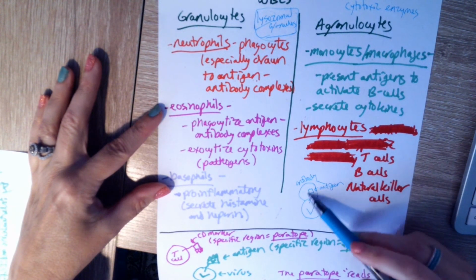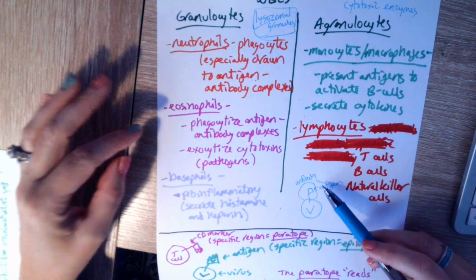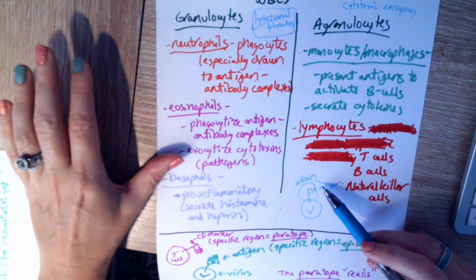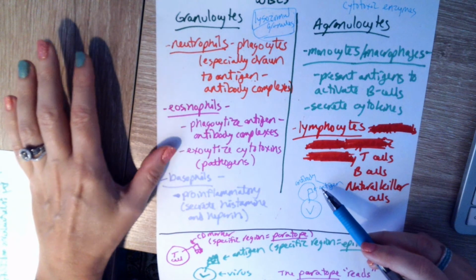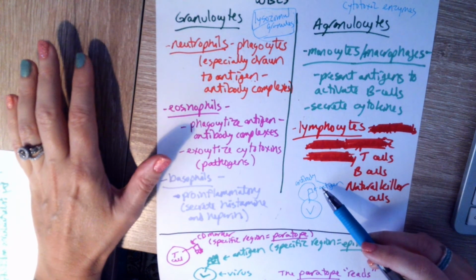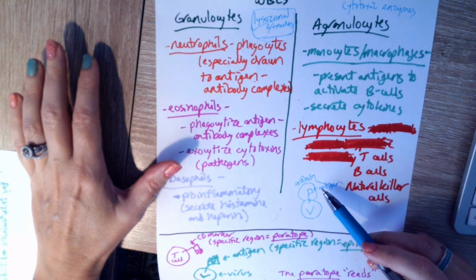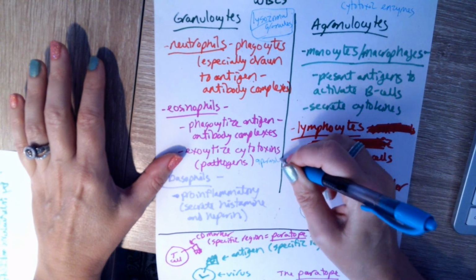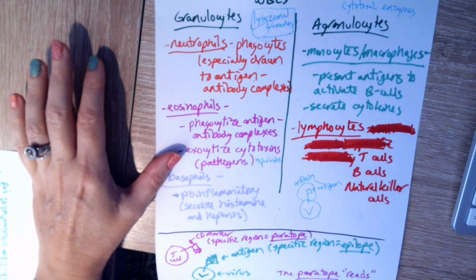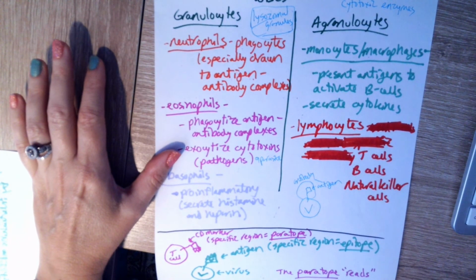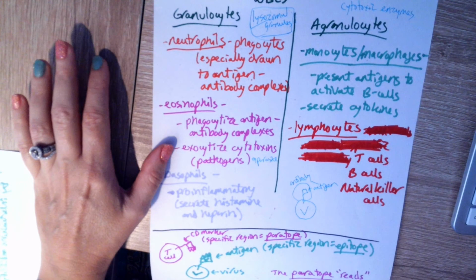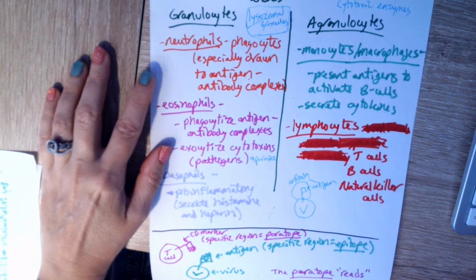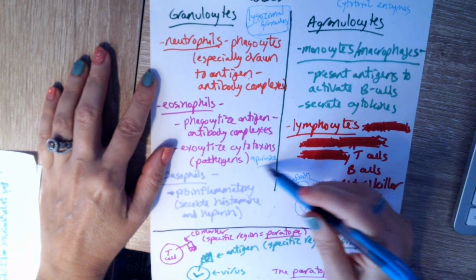They're both attracted to antigen-antibody complexes. But eosinophils can also send out cytotoxins to kill larger pathogens, like a parasite. So let's say you get a tapeworm in your stomach, and that's just too big to phagocytize. So the eosinophils are going to send out these cytotoxins and try to kill that parasite.